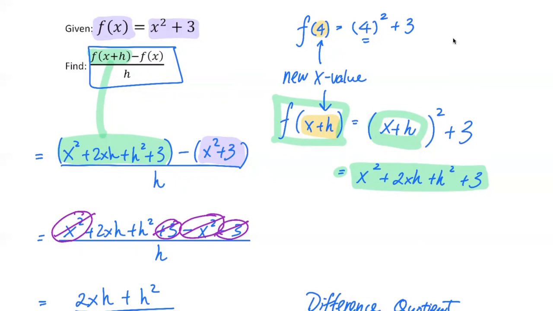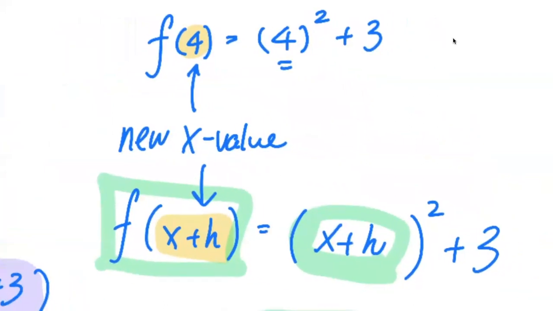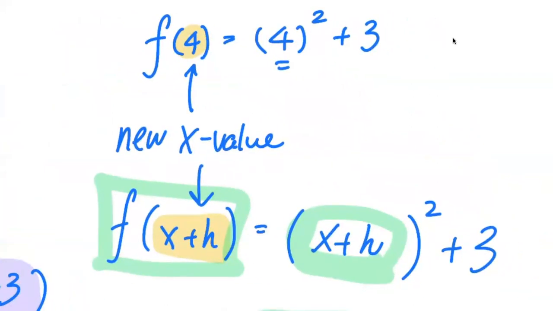So just to recap, okay, I want you to know that you actually know how to handle f of x plus h. You may freak out, you may panic simply because of the way it looks. So just think about f of a number. Let's look here, f of 4. You would know how to handle it if there's a 4 right there. And how will we handle it if it's x plus h?